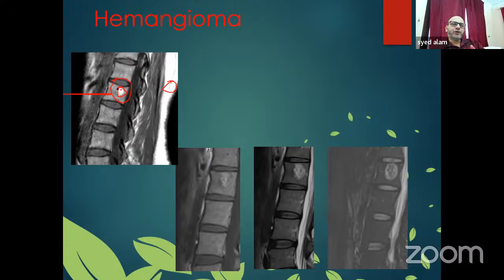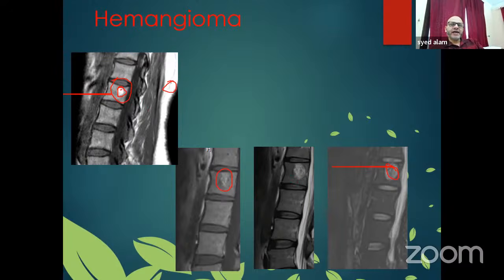Lipo Hemangioma has two components, a lipid component and a hemangioma vascular component. When the vascular component is more, it can be a little bit bright on STIR, but the center is dark. This is also hemangioma. Any lesion which is bright on T1 and suppressed on STIR is a typical Lipo Hemangioma, more lipid hemangioma.